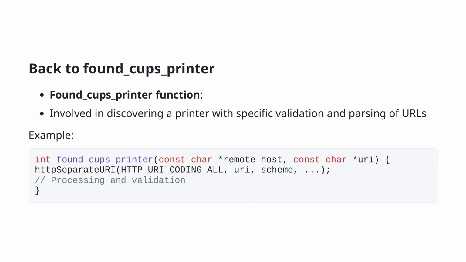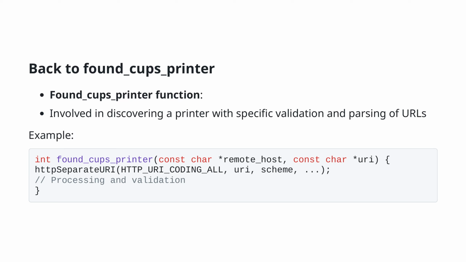In this section, we'll discuss the found_cups_printer function. This function's primary role is to discover a printer by validating and parsing URLs. This is a critical part of the process as it ensures that the URLs are properly formatted and valid before further processing. Here's a simplified example of the function: int found_cups_printer(const char *remote_host, const char *uri) { httpSeparateURI(HTTP_URI_CODING_ALL, uri, scheme, ...); processing and validation }. In this snippet, the httpSeparateURI function is used to dissect the URI into its components.